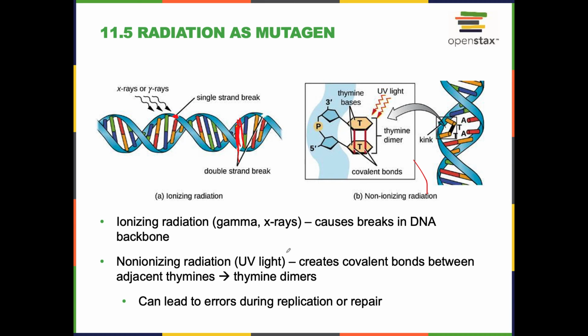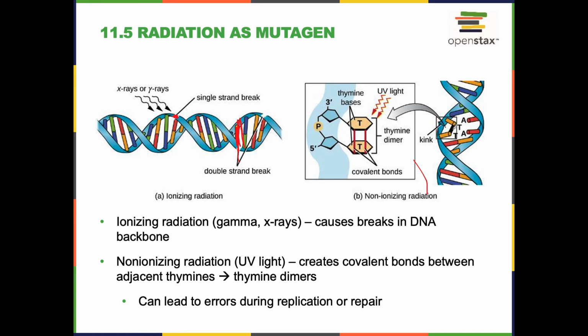Non-ionizing radiation works a little differently. It has this weird effect of taking what we call adjacent thymines that are sitting next to each other, not across, right? So here we have bases across, and these two thymines are sitting next to each other, okay? And so UV light creates these covalent bonds between them, and then your polymerases don't like that. That's so weird, right?